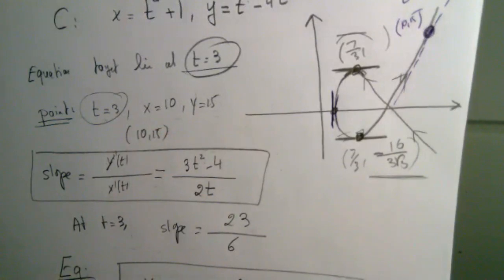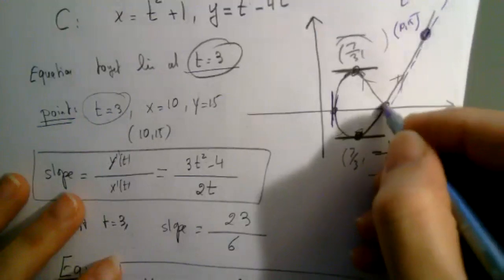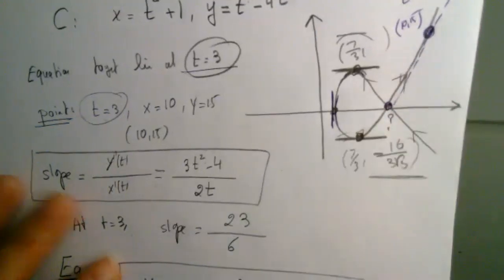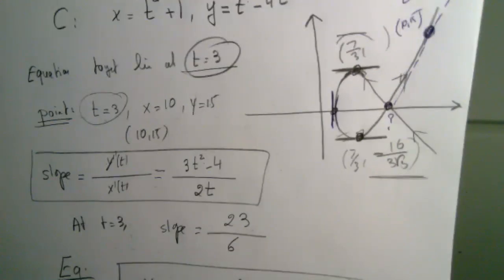The last question before we go is, what's this point here? I want to find at which point the graph intersects the x-axis. How shall I proceed?